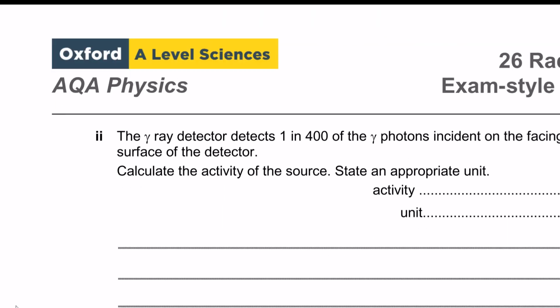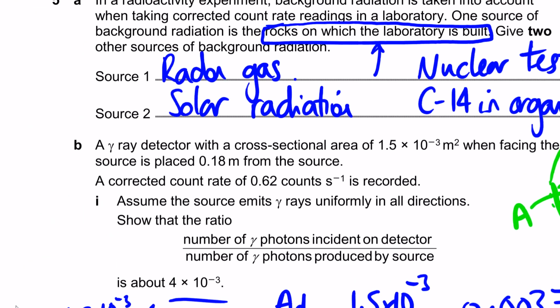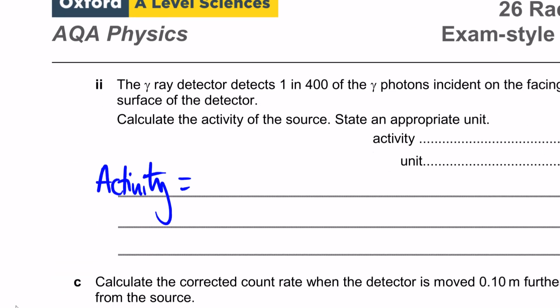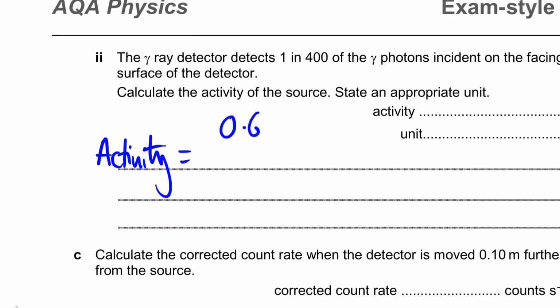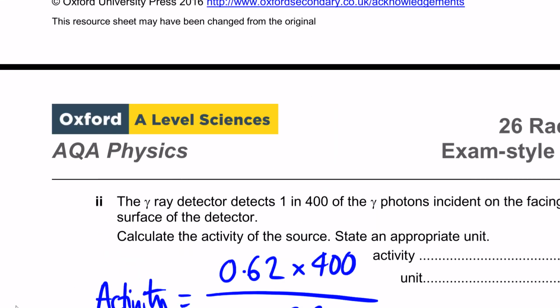So the activity will be our measured value, which if we go up here, is 0.62, times by 400, because again we're only measuring 1 in 400, so we want to get that corrected, and then divided by that factor, which is 0.0036.